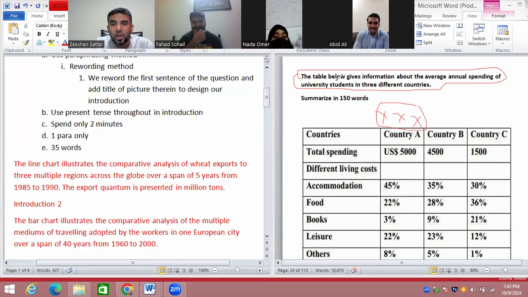So now the table below gives information about the average annual spending. The table will remain table. Gives, provides, illustrates information, comparative analysis of the information, data relating to average, approximate, annual, yearly spending, expenditure of university students, three different multiple countries, states across the globe.